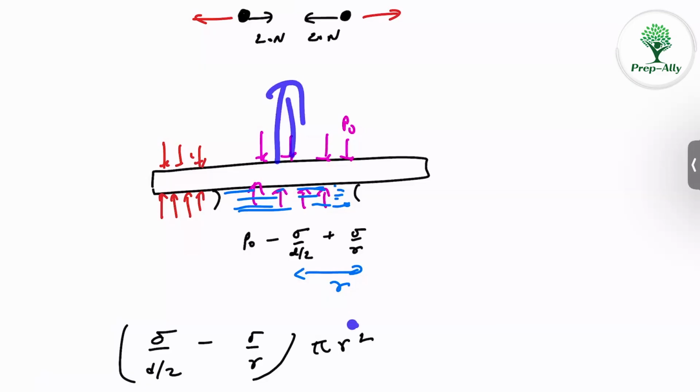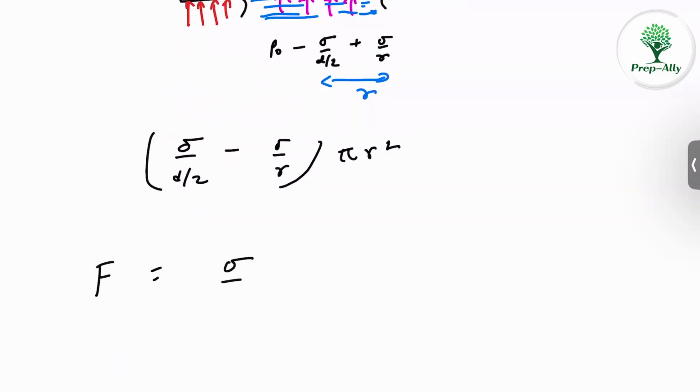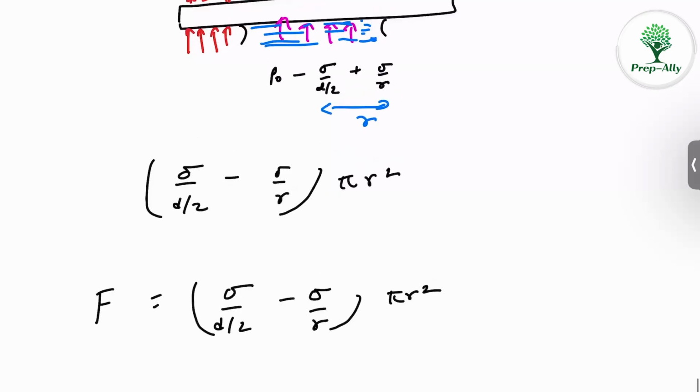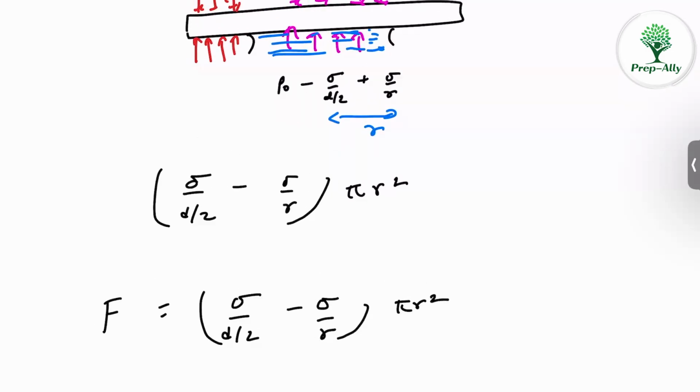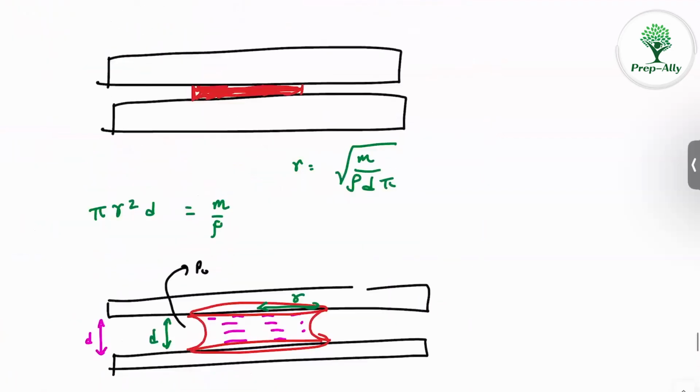And we have to apply same thing only now. So the attraction between the plates can be written as sigma by d by 2 minus sigma by r into pi r square. This we can call it as the attraction. Are you understanding this? Yes, sir. It's the atmospheric pressure force which is pushing them together because between them is low pressure, but we feel that they themselves are attracting.